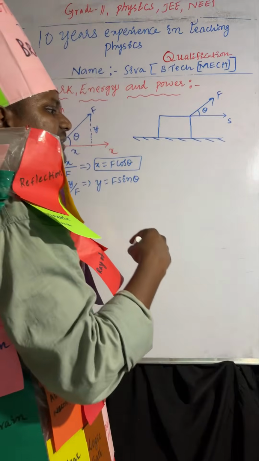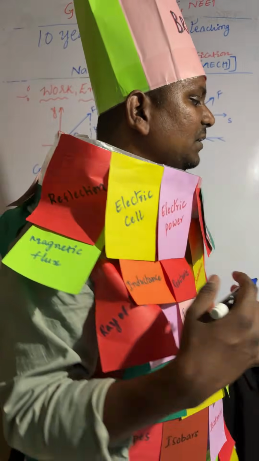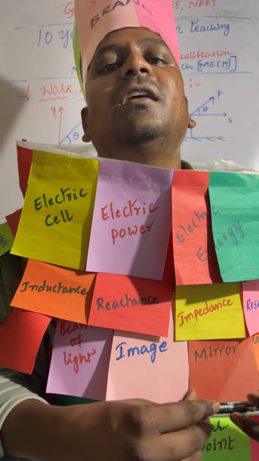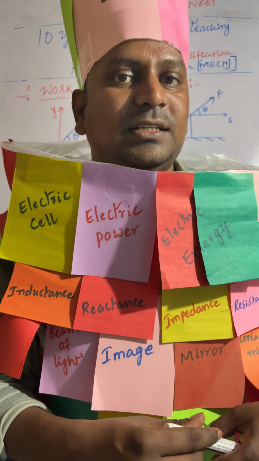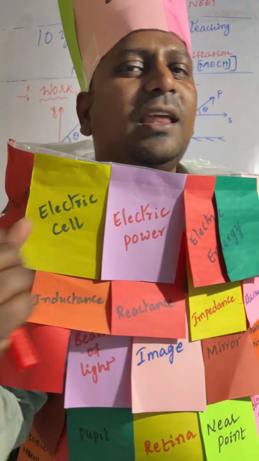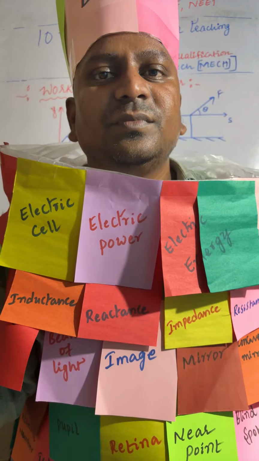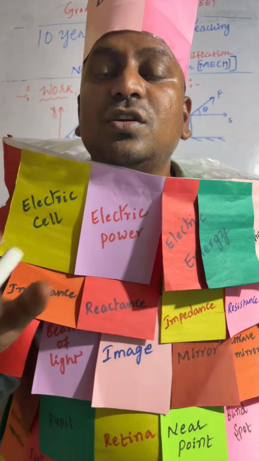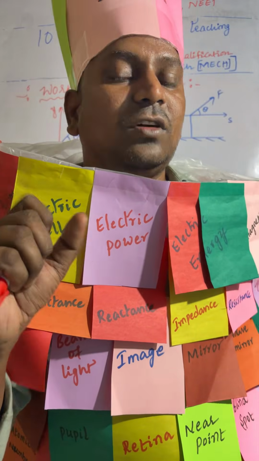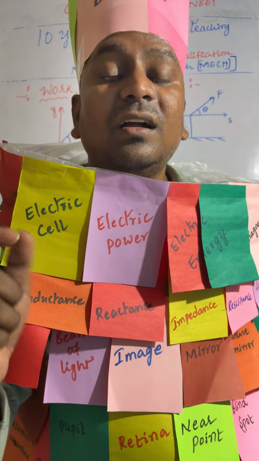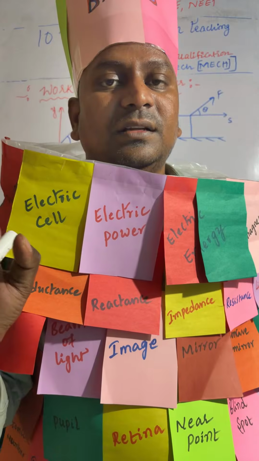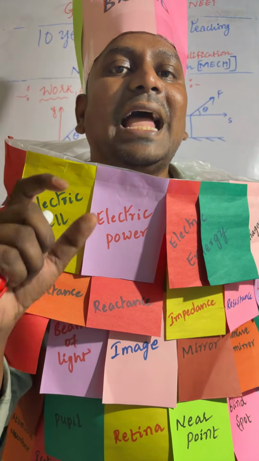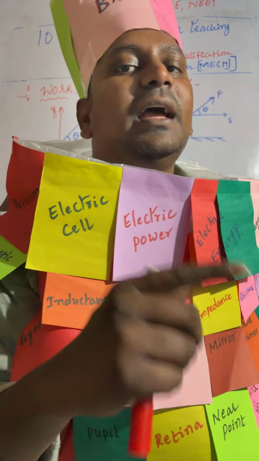F cos theta is the force component responsible for moving the object along the x-axis. The object is moving along the x-axis direction, so F cos theta is the force component along the x-axis.